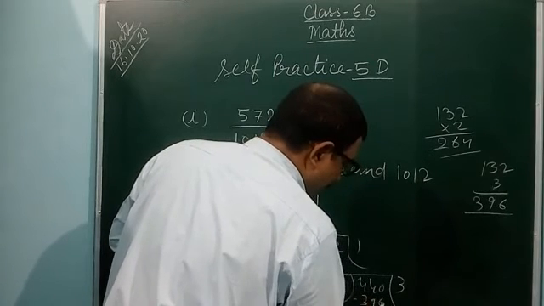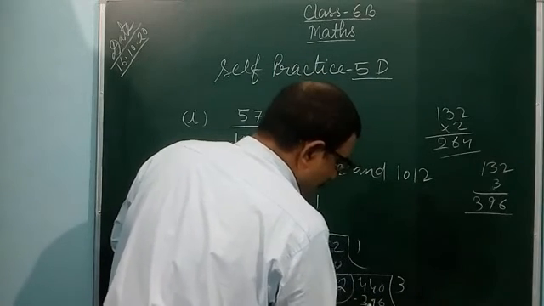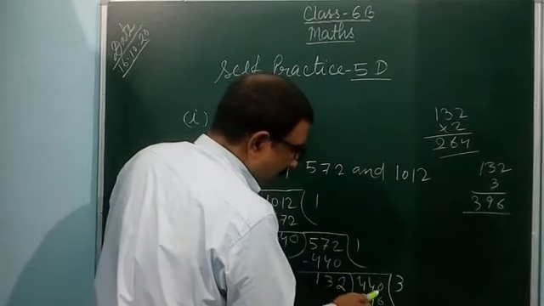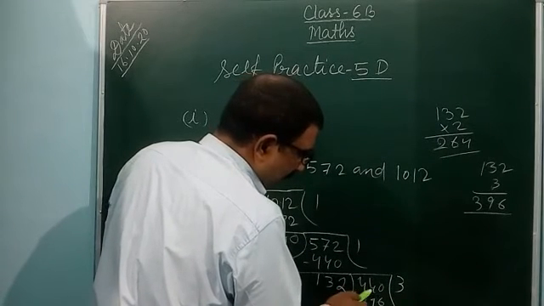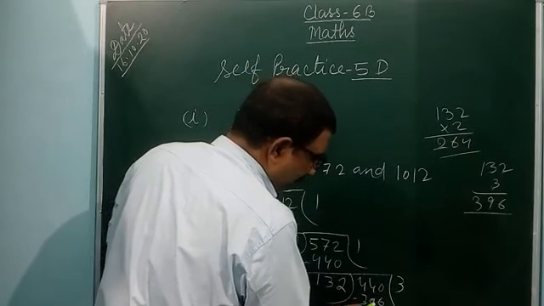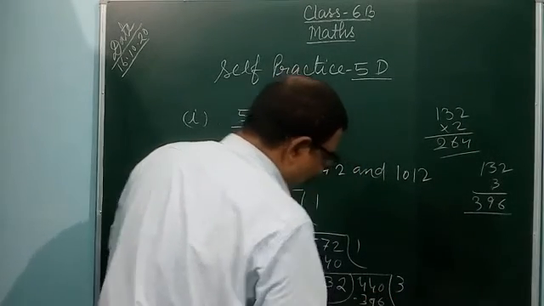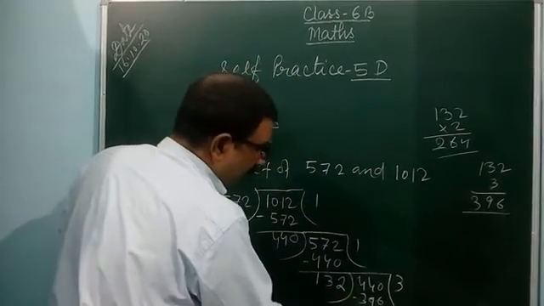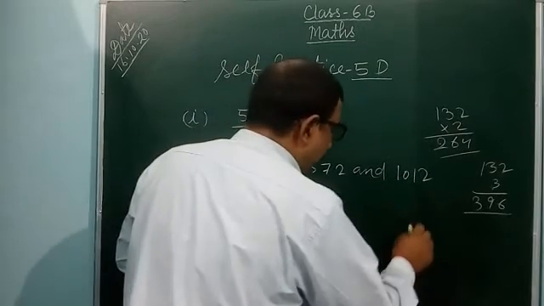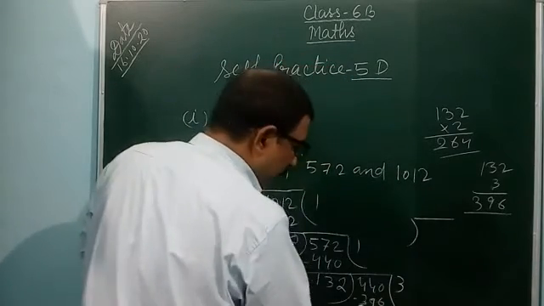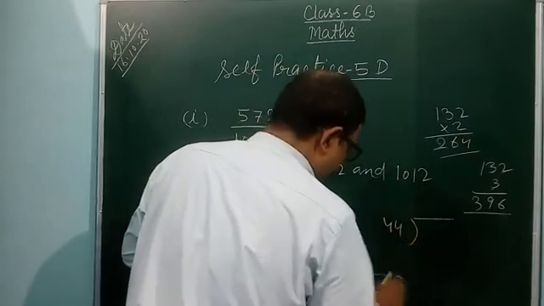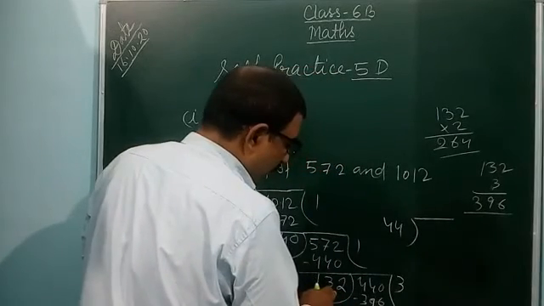After then you can subtract: 10 minus 6 is 4, 13 minus 9 is 4 also, and here 3 minus 3 is 0. So like that, after that you can do 44 outside and 132 inside.